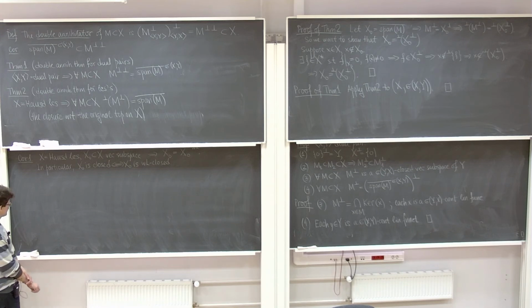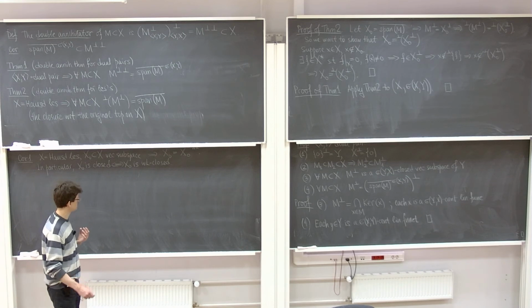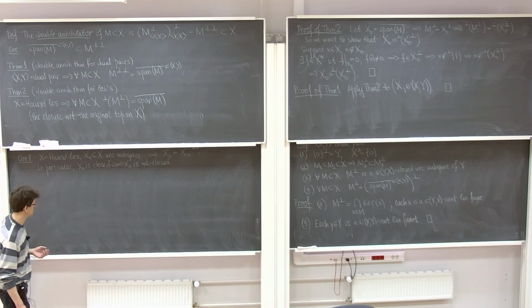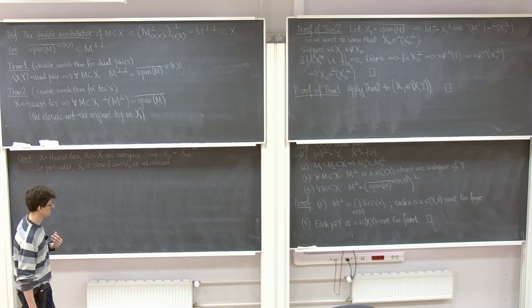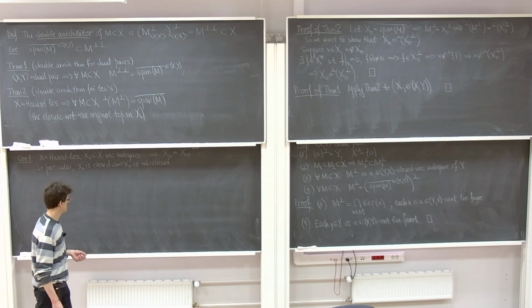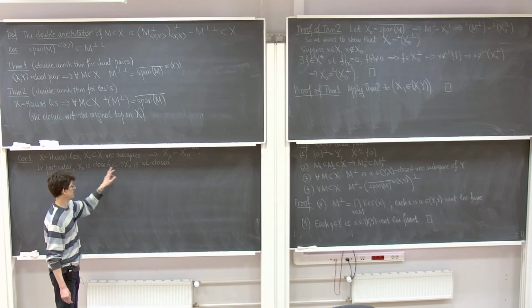Well, this is not entirely trivial because we know that in a general case, a weak topology is strictly weaker than the original topology. So in general, we can find many subsets in X which are closed, but which are not weakly closed. But for vector subspaces, this is equivalent.